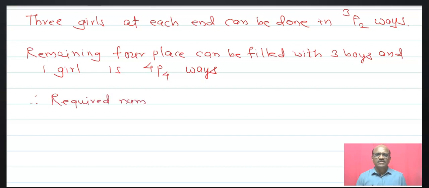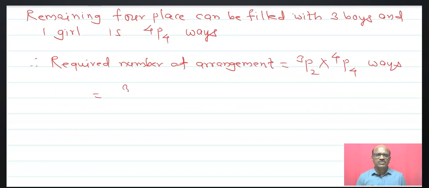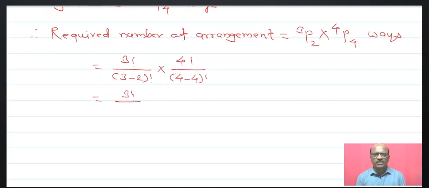Therefore, the required number of arrangements is equal to 3P2 into 4P4 ways. That is equal to 3 factorial upon 3 minus 2 factorial into 4P4, which means 4 factorial upon 4 minus 4 factorial.